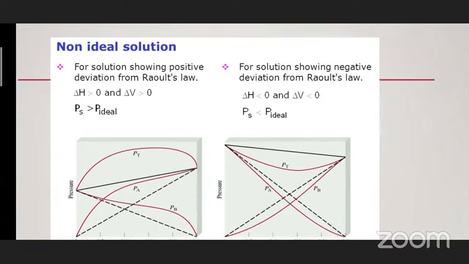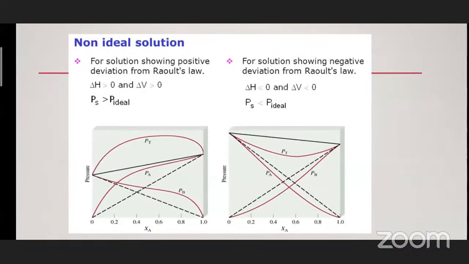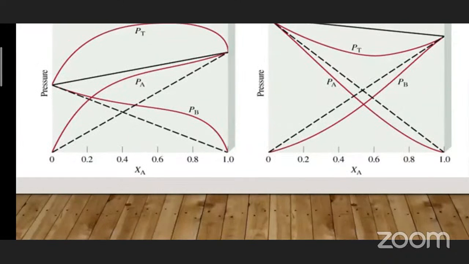So here these dotted lines represent the vapor pressures as expected by Raoult's law. And these red lines represent the vapor pressure that are obtained practically.